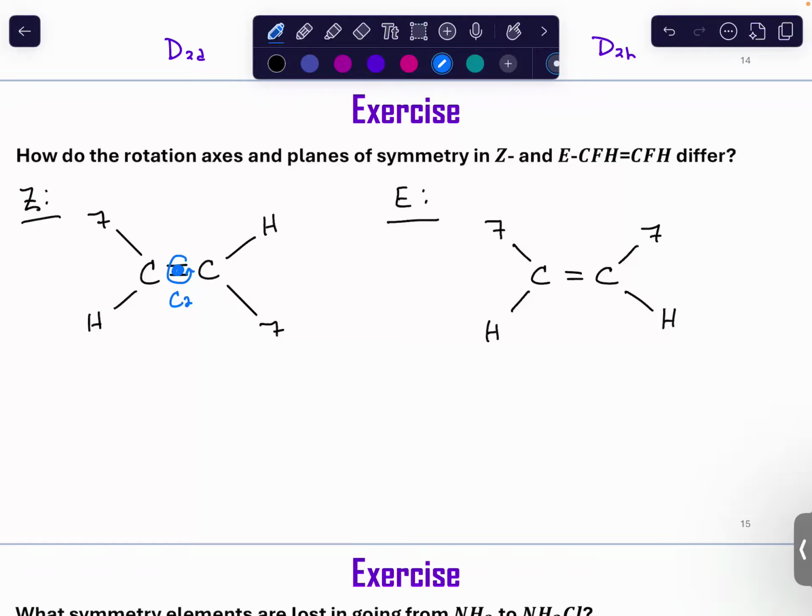Just like this way? I can rotate like that.